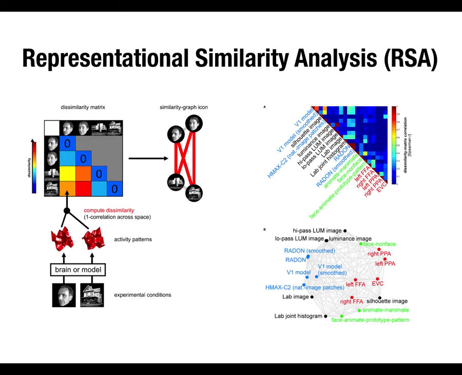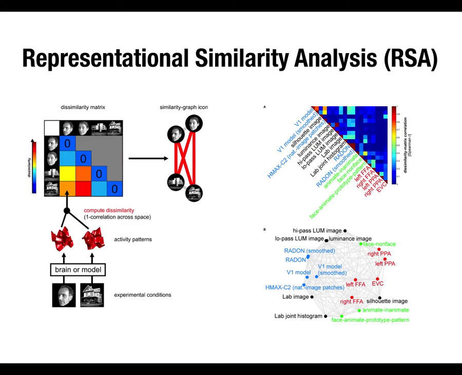So what's shown here is that the 2 faces are most similar to each other. We'll say blue is more similar, and red and yellow are less similar. The 2 houses are obviously going to be quite similar to each other, and the faces and houses are more different from each other. So you have a way of quantifying how similar or different each stimulus is from each other stimulus, based on visual properties.